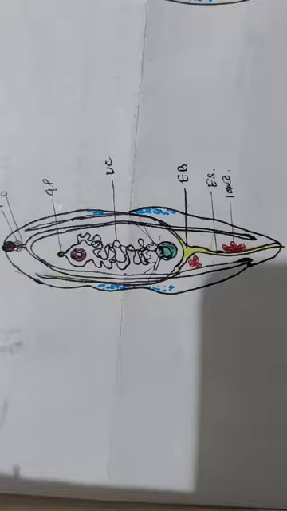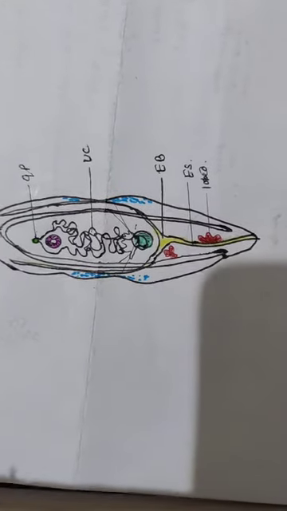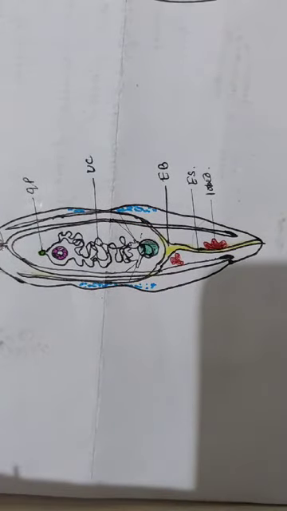So, now I will explain the Opisthorchis genus, and I will take the species Opisthorchis tenuicollis. The diagram which you are seeing is of Opisthorchis tenuicollis. So what are the features of this Opisthorchis tenuicollis?